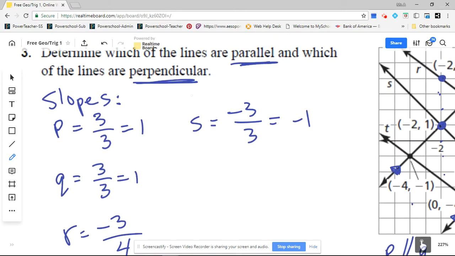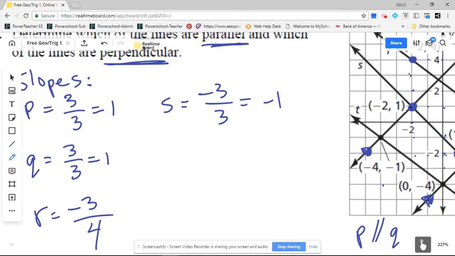But what is a 1 and a negative 1? If you multiplied those two numbers together, 1 times negative 1, what would you get? Negative 1, which whenever you multiply two slopes and you get negative 1, they're opposite and they're reciprocal. That means that they're perpendicular.